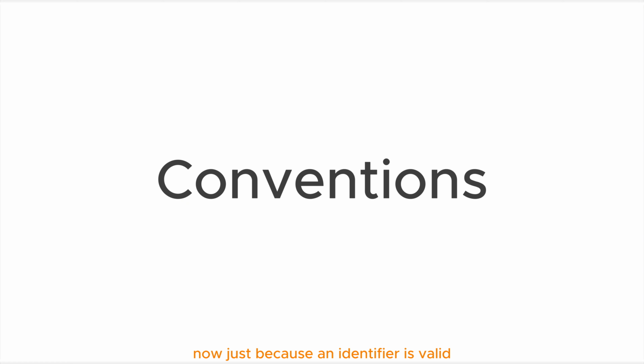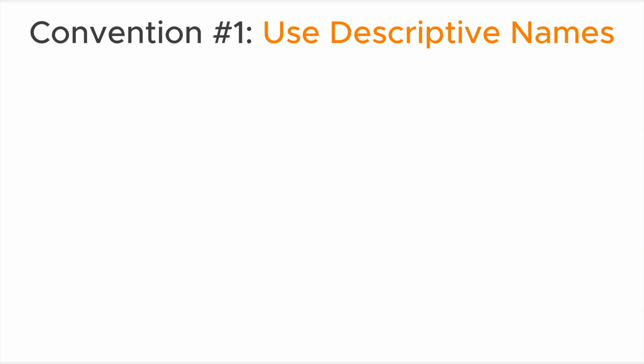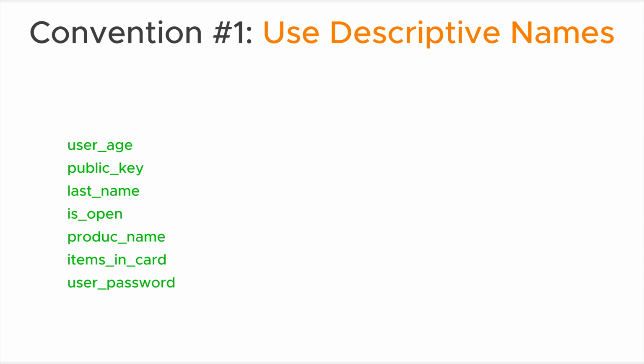Now, just because an identifier is valid doesn't mean it's good. Professional programmers follow a set of conventions to make their code clean, readable, and understandable. This is one of the biggest differences between a beginner and a pro. Convention number one, use descriptive names.